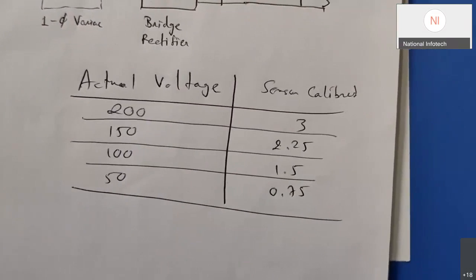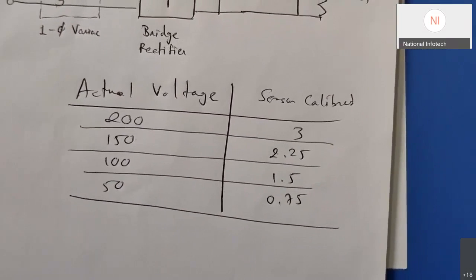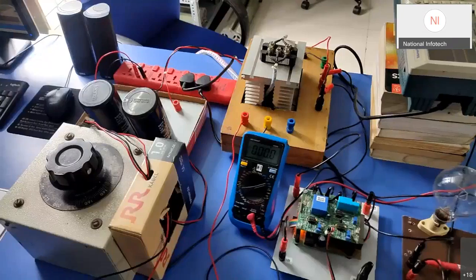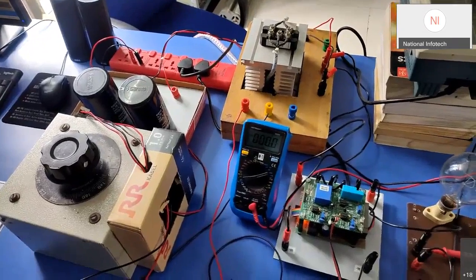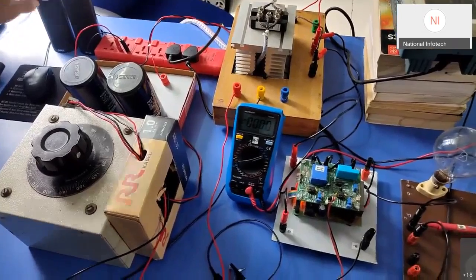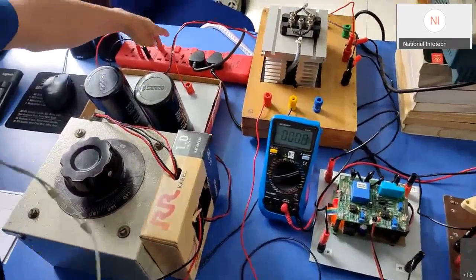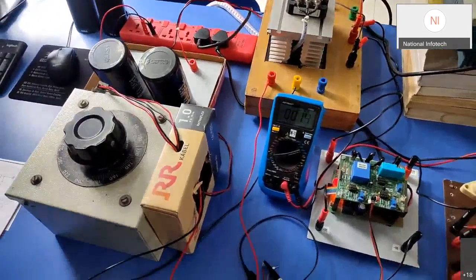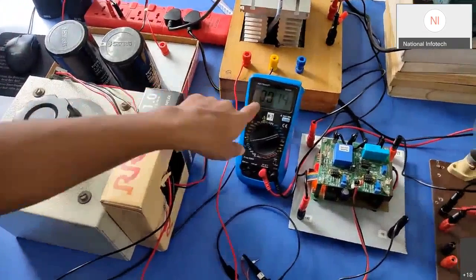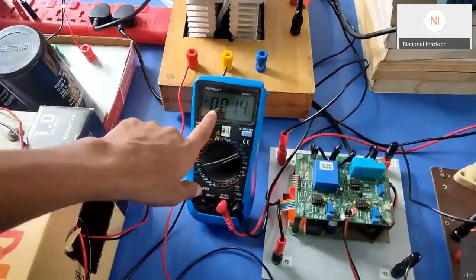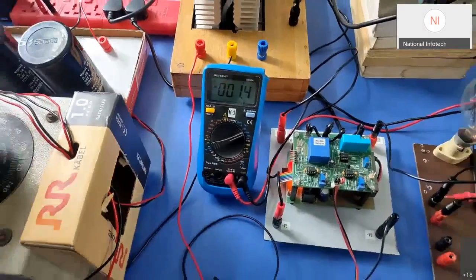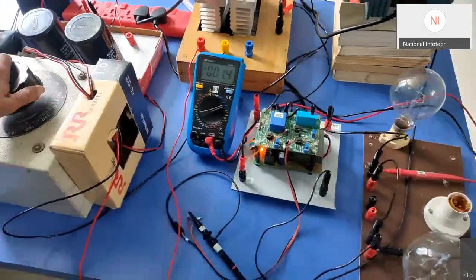So first we are going to turn on the supply. I'm turning on this single phase variac, and this is our DC link output voltage. I'll set it to 200 volt DC.